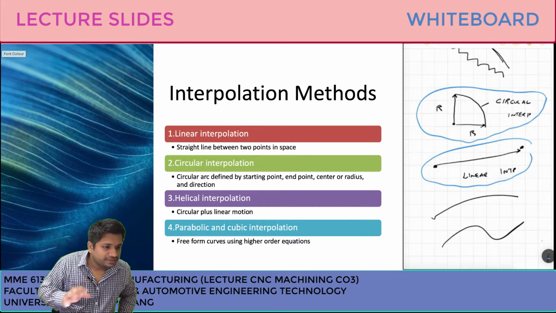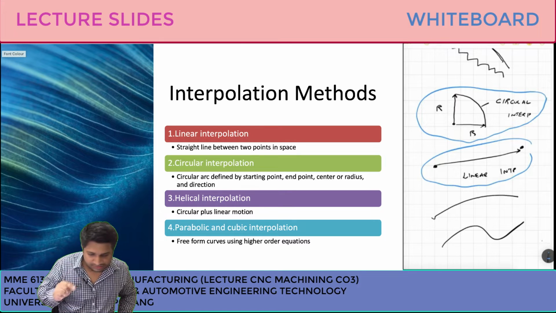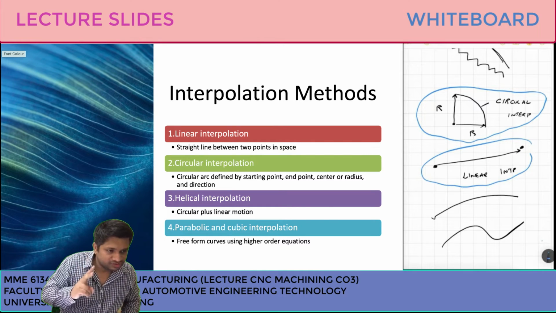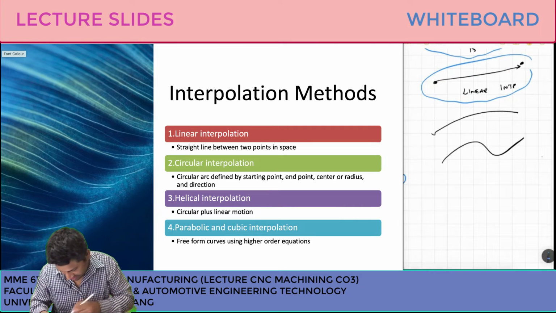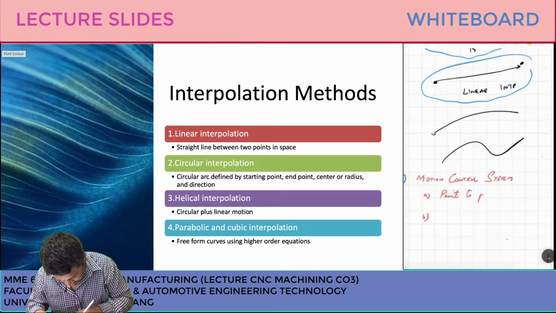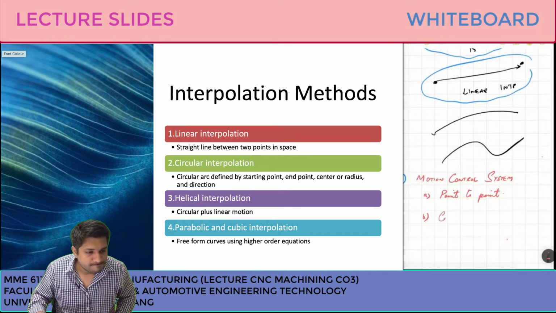Just now we learned the machine control system, if I remember correctly. Yes, the motion control system. In the motion control system we had point to point and continuous motion control systems. Let me write that. We have the motion control system, and in it we have two types: point to point and continuous.